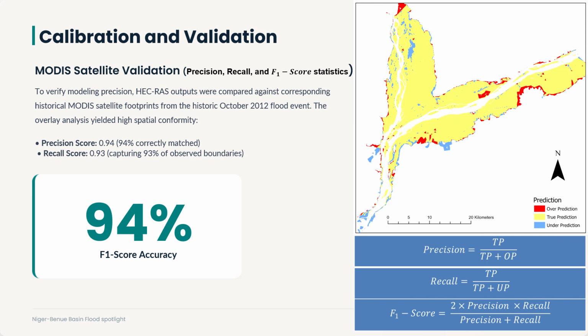The recall of 0.93 indicates that the model captured 93% of the actual observed flood extent. The F score, being the harmonic mean of the precision and the recall, demonstrates a strong 94% balance between the classification accuracy and the completeness.